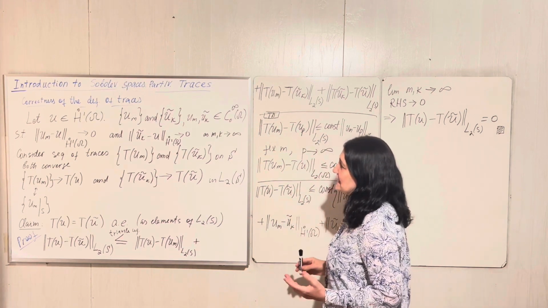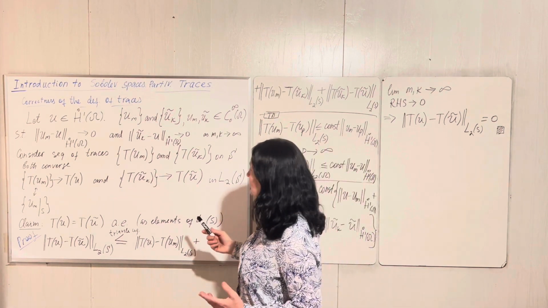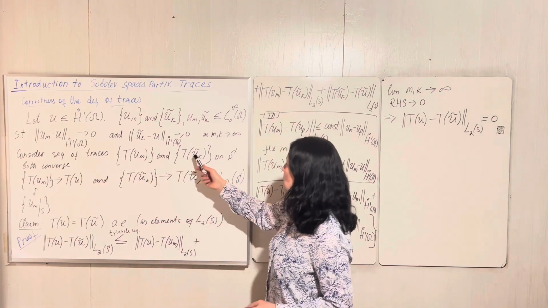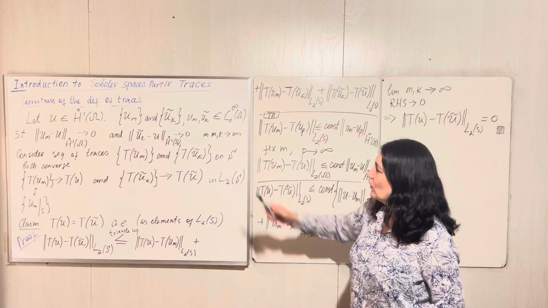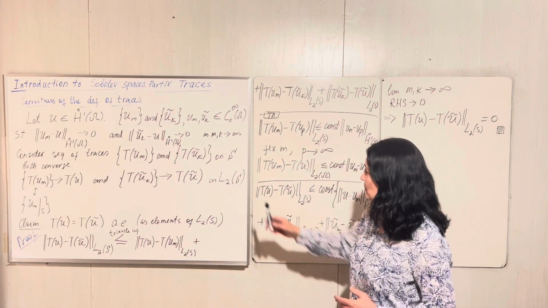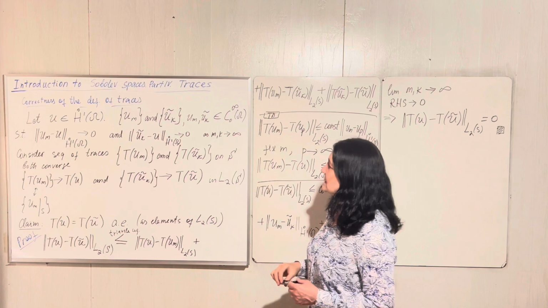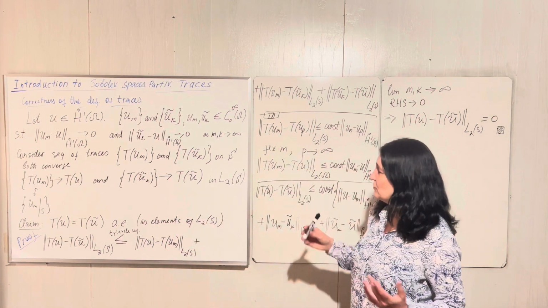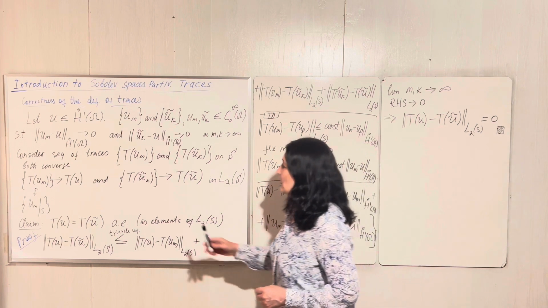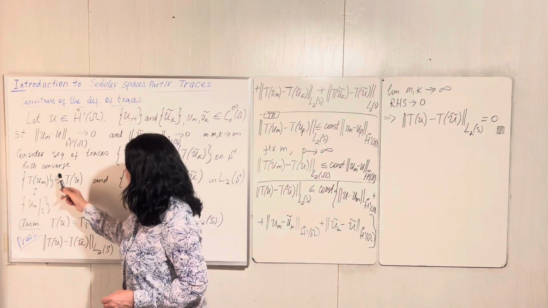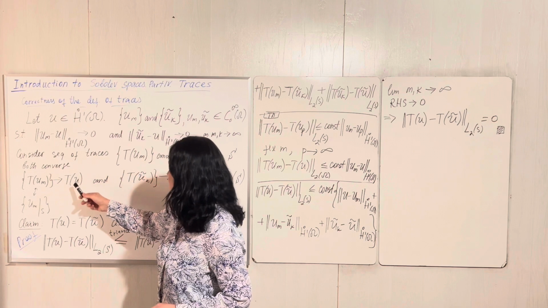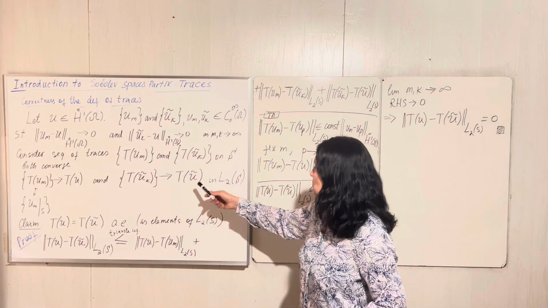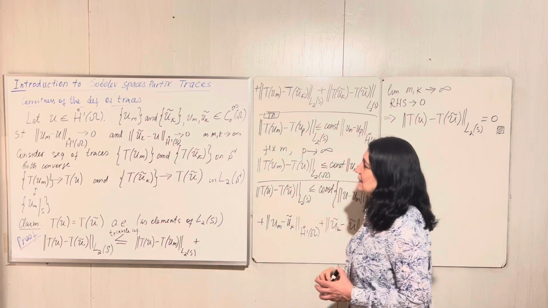So now consider two sequences of traces, Tum and Tuk tilde, on our hypersurface S. And we know that both converge, and let's say that Tum converges to Tu and Tuk tilde converges to Tu tilde in L2.